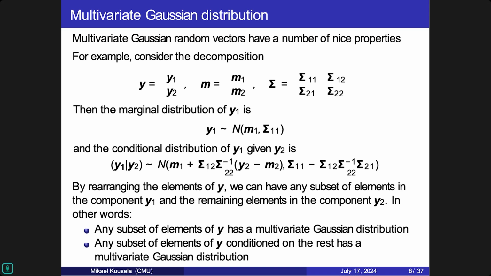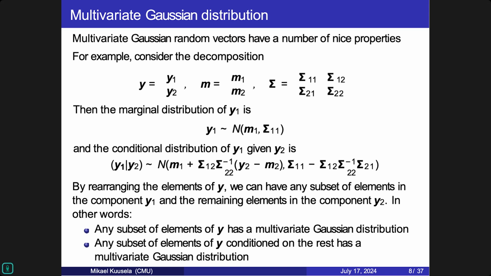Now take your random vector y and divide it into two components. You put the first few variables in y1 and the rest in y2, and then you can similarly divide the mean vector and the covariance matrix in the same pattern.